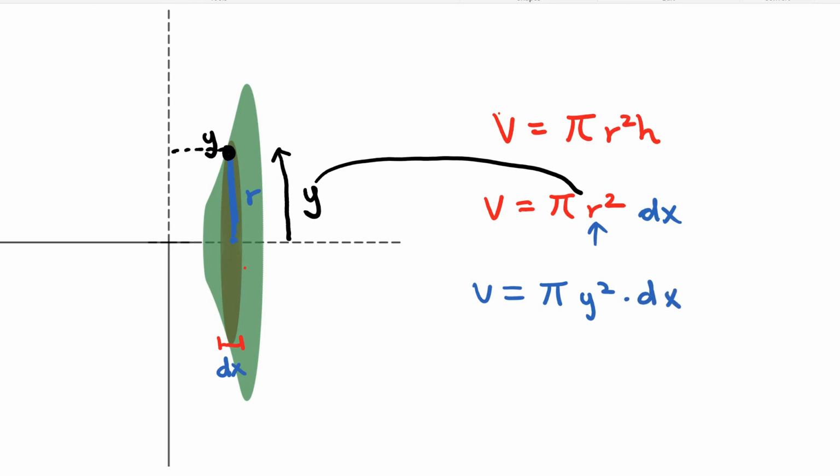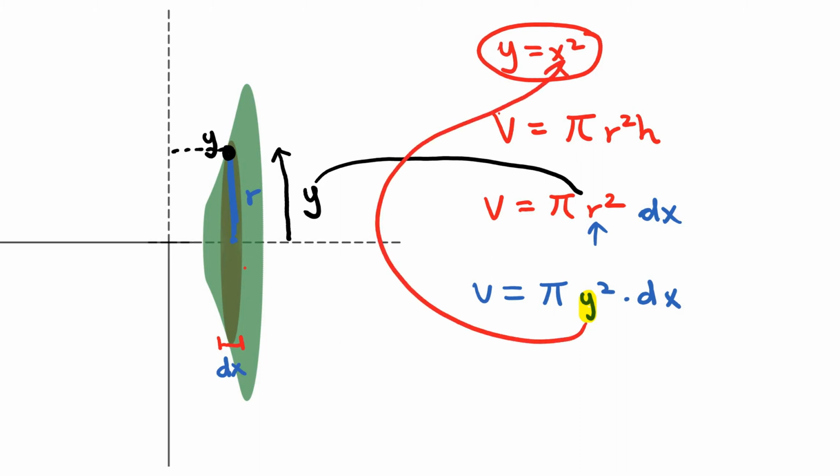Now we're almost done with our setup here, and now we have to figure out what y equals. Well, in the original problem, y was equal to x squared. So what we have to do now is replace y with x squared. That's going to be pi times x squared, and then there's a power 2 there, so that gets raised to the power 2, and then dx.